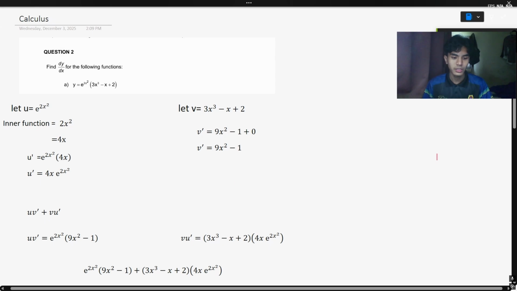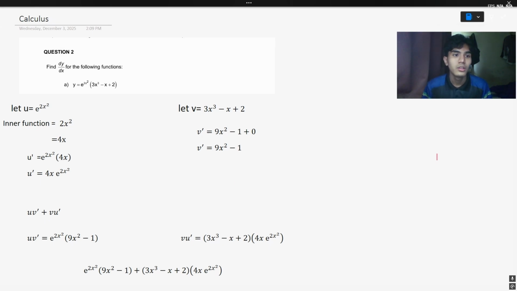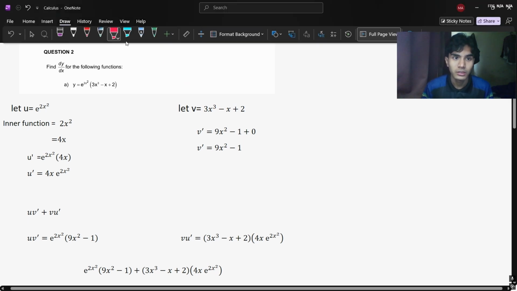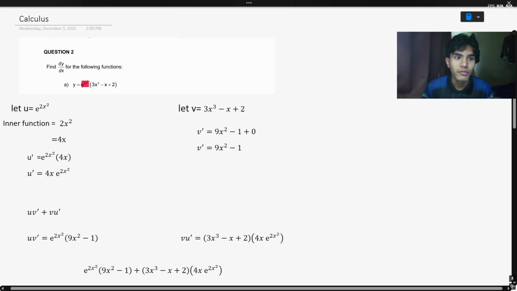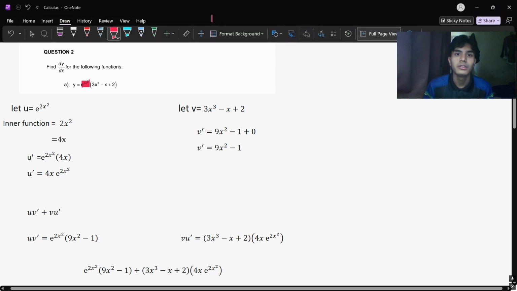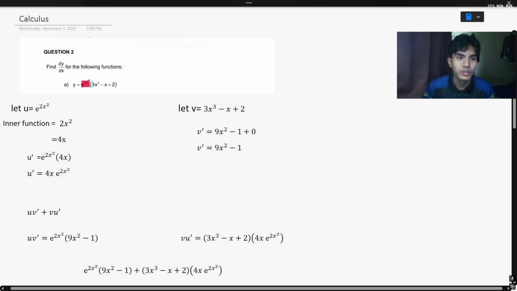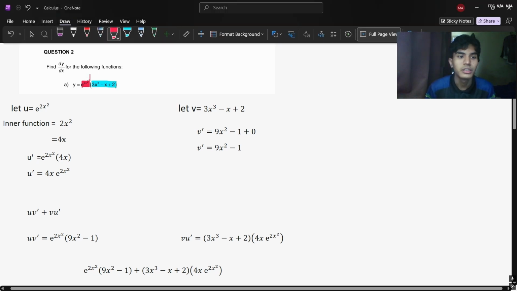Alright, so let's start with question number 2. 2a. As we can see, there are actually two different functions, which are e to the power of 2x squared and 3x cubed minus x plus 2. So these are two separate functions.